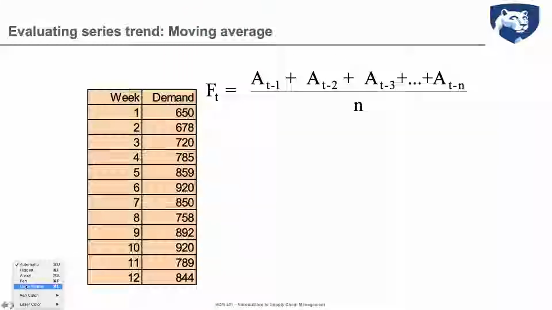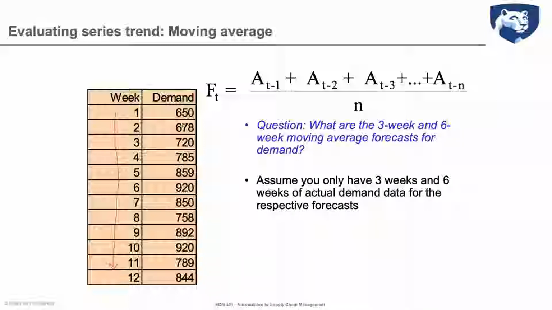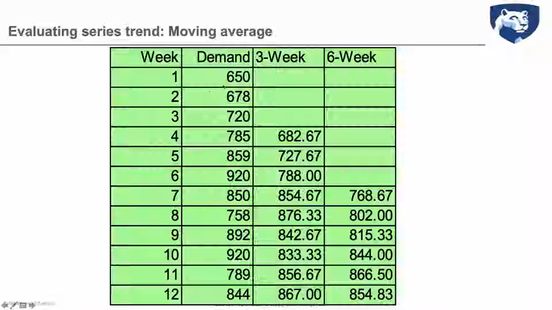So this is a demand over 12 weeks or months. A moving average of k equal 3 and 6 is no other than, in each period, the average of the previous 3 values if k is equal 3, or 6 values if k equals 6.